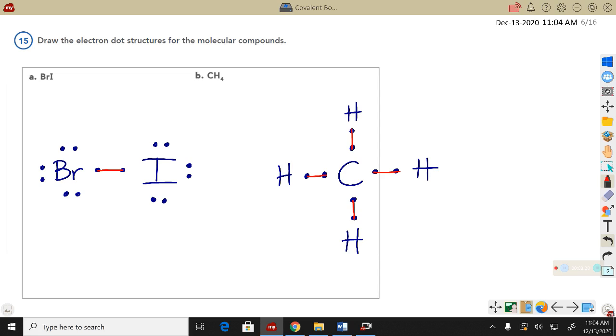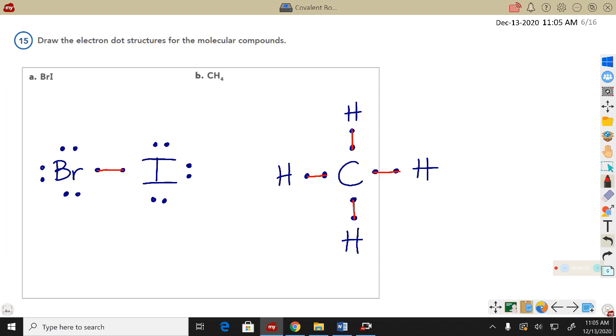But now when you get to somebody like carbon, anything is possible. And it just kind of depends on what you've got to bond with your carbon. Carbon needs 4 bonds. So carbon could do 4 single bonds. Or it could do a combination. I could do 2 double bonds. 2 double bonds will give me a total of 4 bonds.